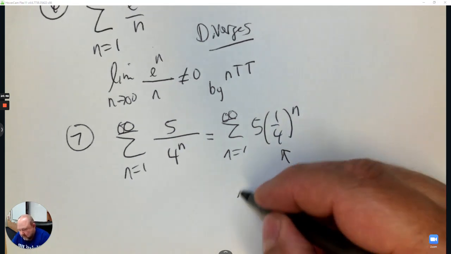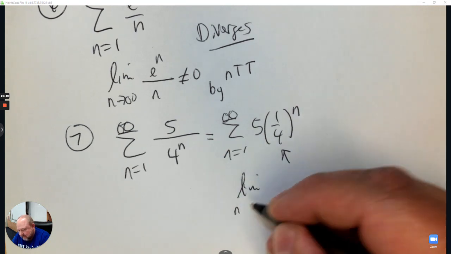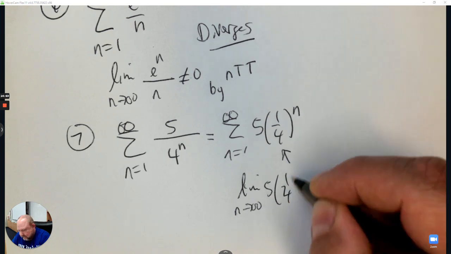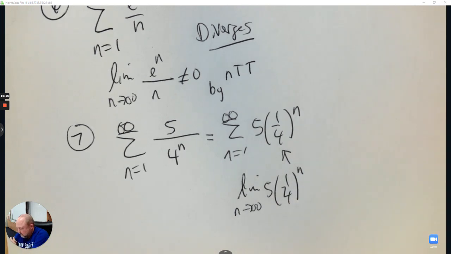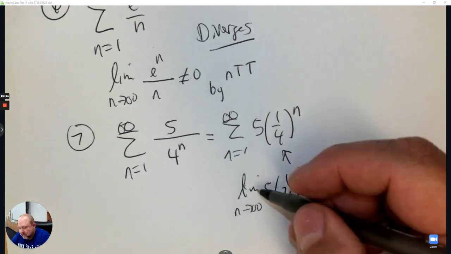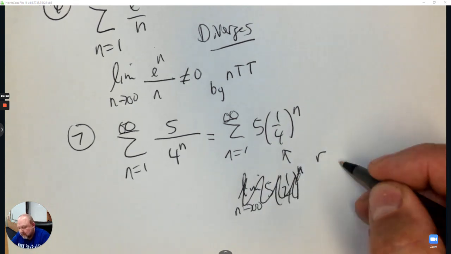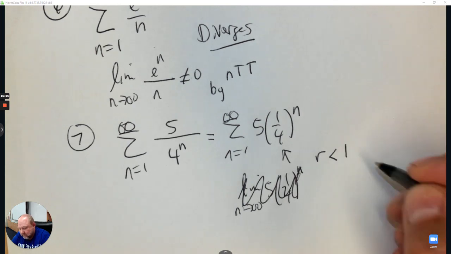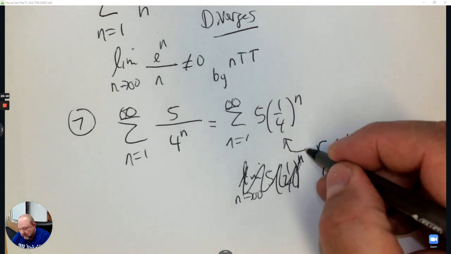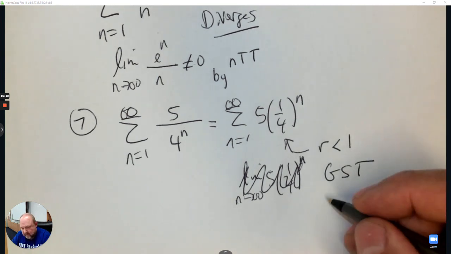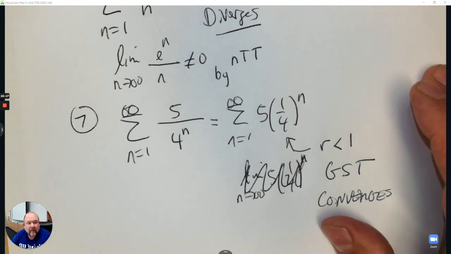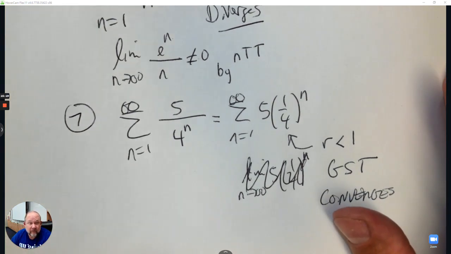What's the limit as n goes to infinity? Actually, we don't even need to write a limit. We can just know that the common ratio is less than 1. That's the geometric series test. So because the ratio is less than 1, this converges. We could also write it as a limit, and the limit would actually go to 0.